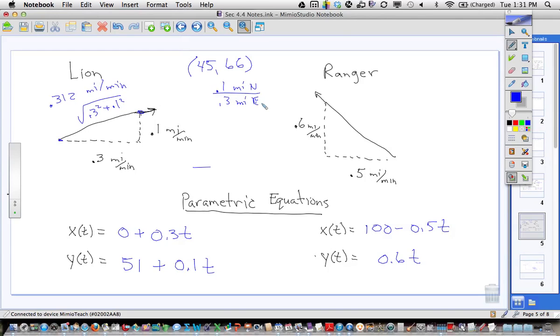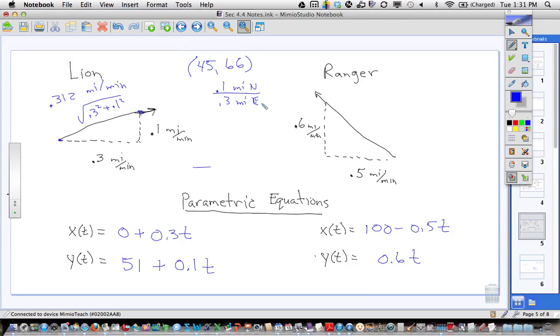What's the derivative of his horizontal equation? 0.3. Do you see how that would be x prime of t? That would be his horizontal velocity. What would be his vertical velocity? The derivative of this equation. 0.1. So his horizontal and vertical velocities are derivatives of his horizontal and vertical position.